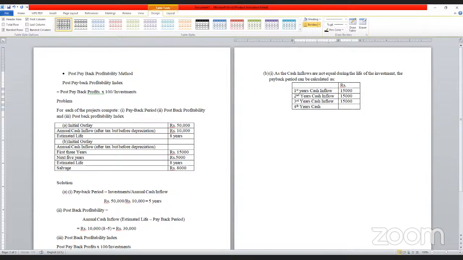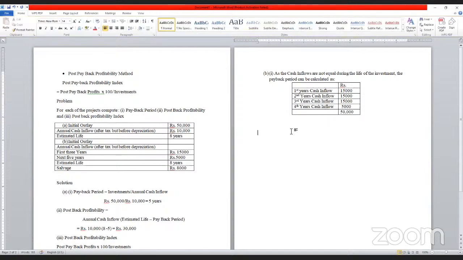Fourth year's cash inflow 5,000. Total will be 50,000.